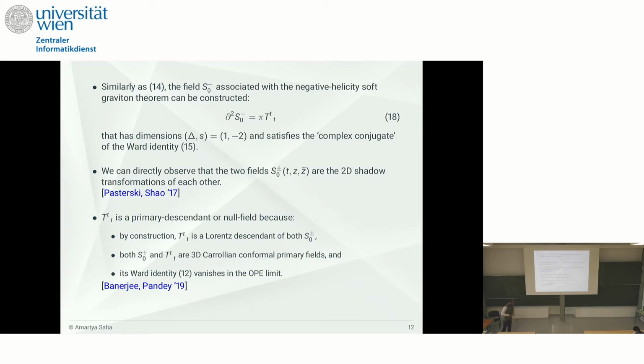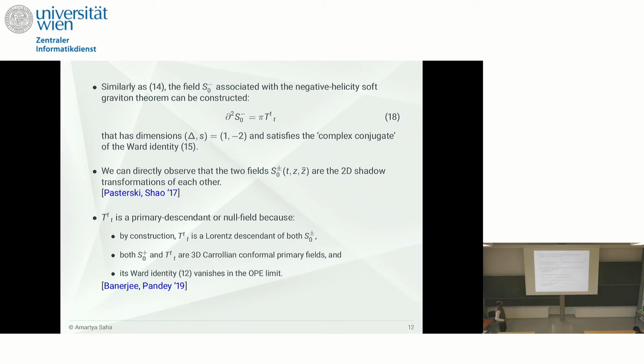Now, one special feature about this TT is that it is a primary descendant or null field. We'll later see that S naught plus is a Carrollian primary field and TT is also a Carrollian primary field. As we have seen by construction, TT is a Lorentz descendant.